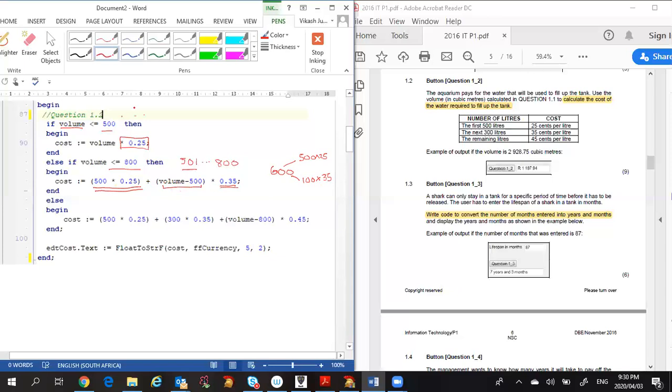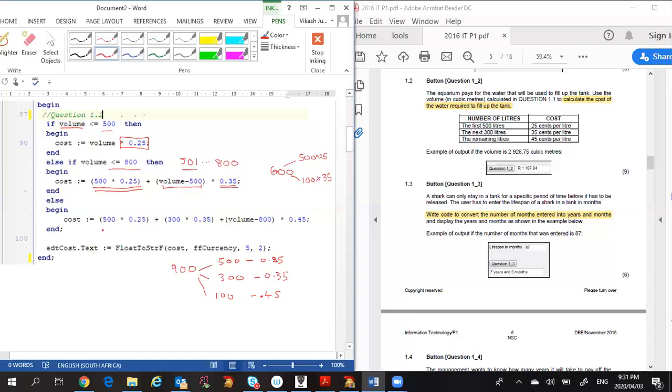So this was the first 500, and the remainder, which is your 600 minus 500, giving you the 100, being charged at 35 cents. The third category is if you got an amount over 800. So let's assume we have an amount of 900 liters. This is made up of the first 500, which is charged at 25 cents. Then the next 300 is charged at 35 cents. And then the remaining, which is 900 minus 800, giving you 100, that is charged at 45 cents.